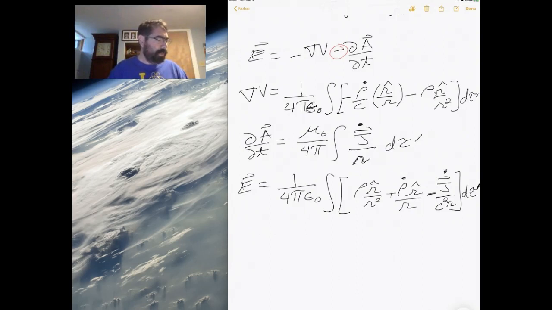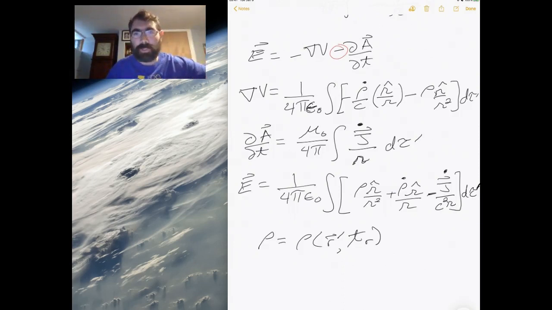Okay, so remember that rho is a function of the position r prime and the earlier time t sub r. So this is now a time-dependent version of Coulomb's law.